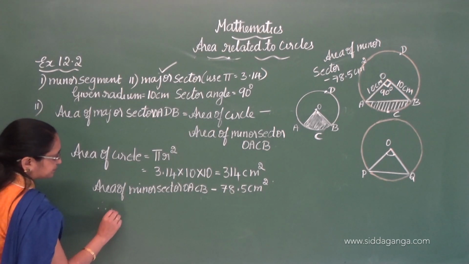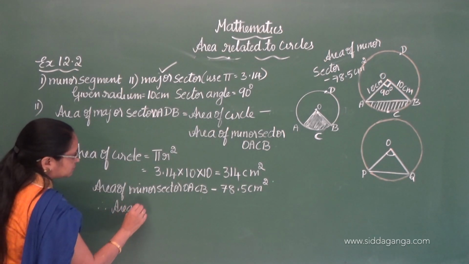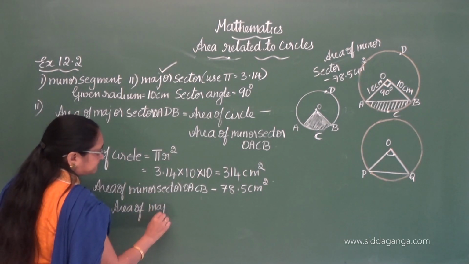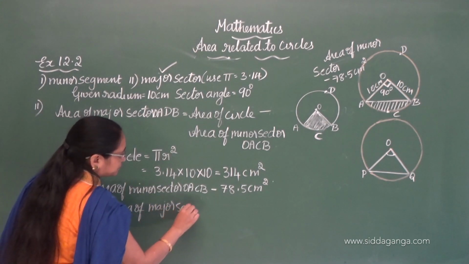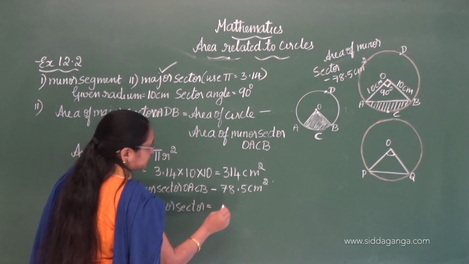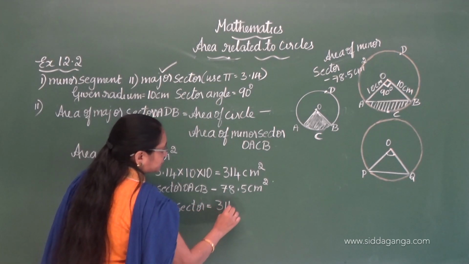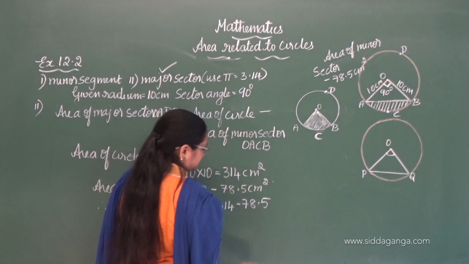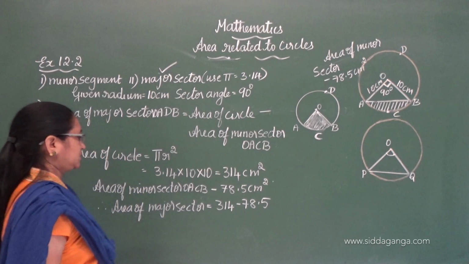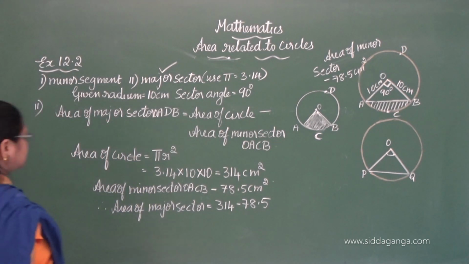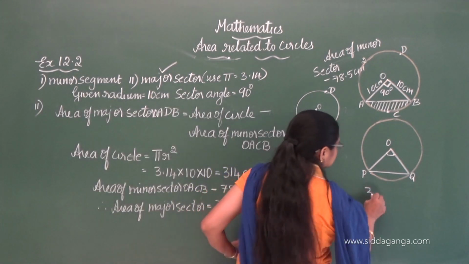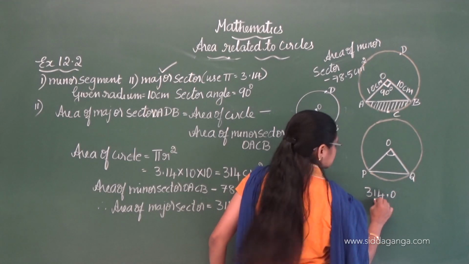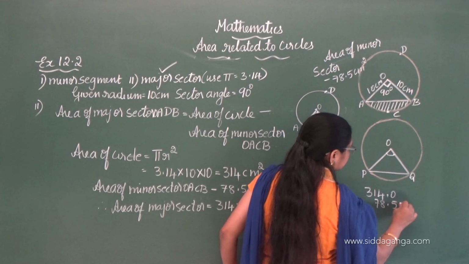Therefore, area of major sector is equal to 314 minus 78.5. Okay, we shall find out the 314.0 and 78.5.